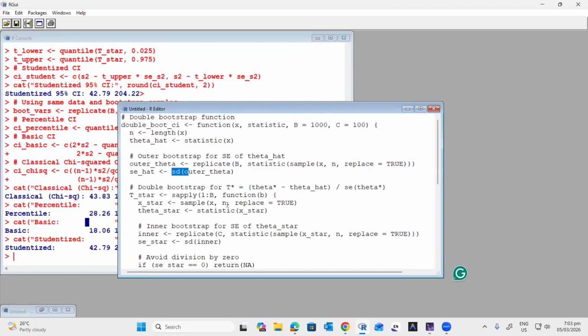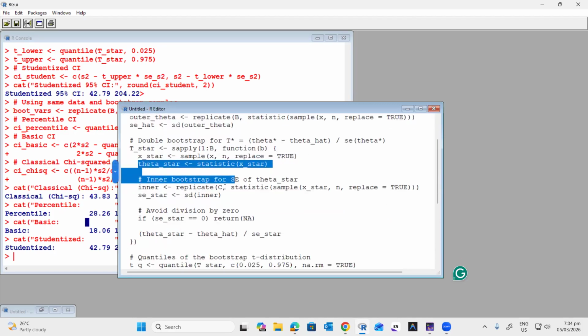So inside that T star, we have the sapply. First we need to compute the X star, that will be the sample. Compute the statistic on the outer bootstrap sample, that is your theta hat star b. And after that we have the inner bootstrap error.